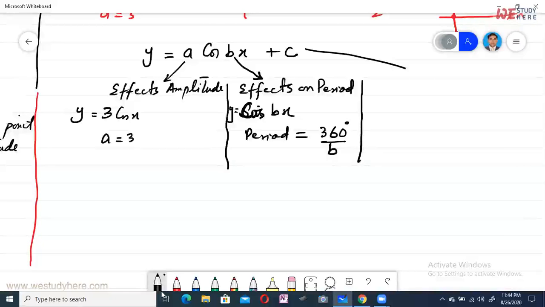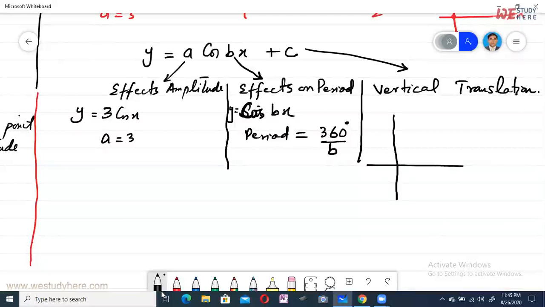And this c here also represents the vertical translation. How vertical translation? You know, the graph of cos is like this. Suppose here we are taking y is equal to cos x plus 1.